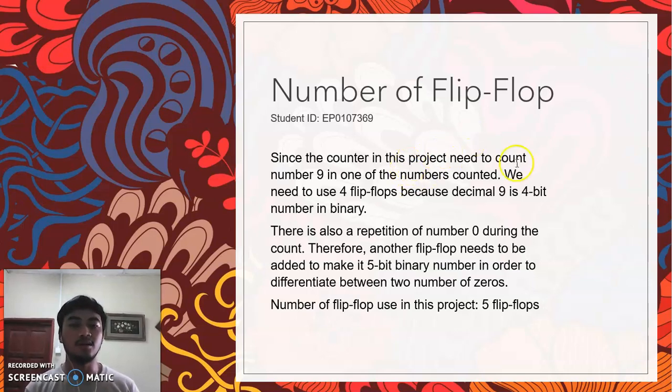Since the counter in this project needs to count number 9, which is the largest among all the numbers counted, we need to use 4 flip-flops because decimal 9 is a 4-bit number in binary. There is also a repetition of number 0 during the count. Therefore, another flip-flop needs to be added to make it a 5-bit binary number in order to differentiate between the two zeros, like what I explained just now.